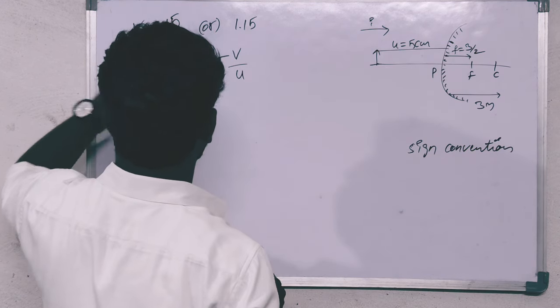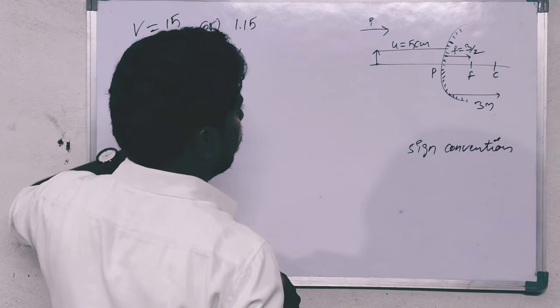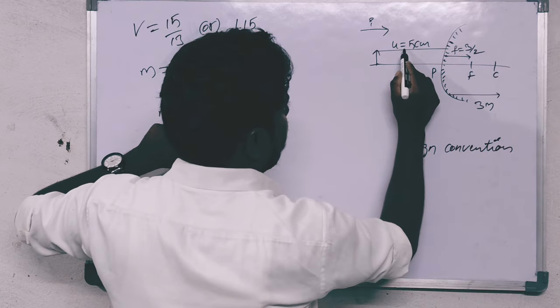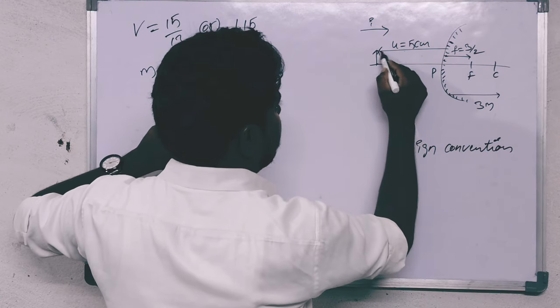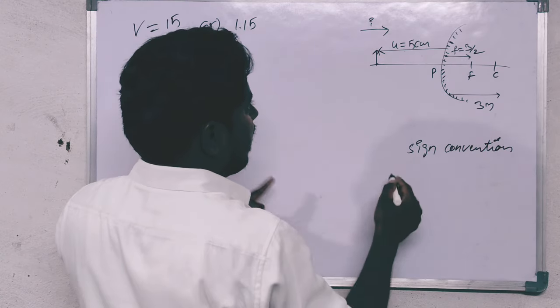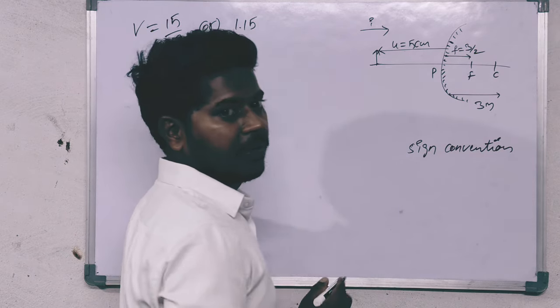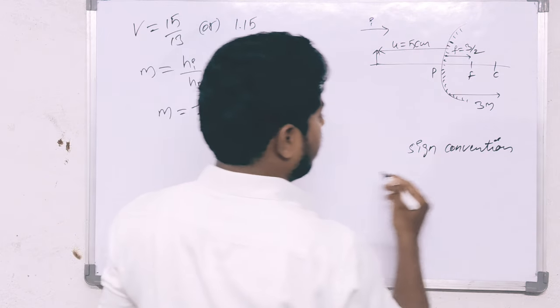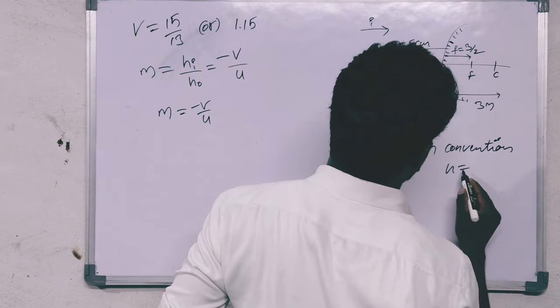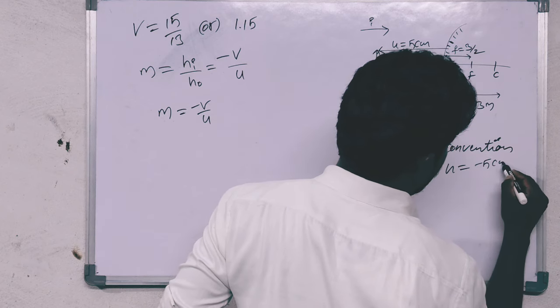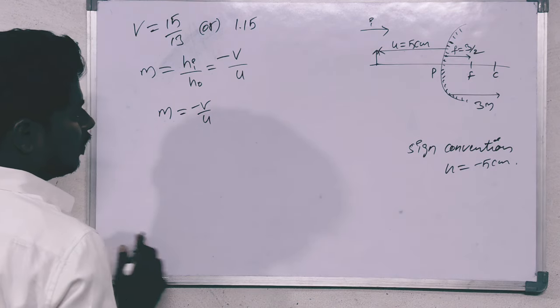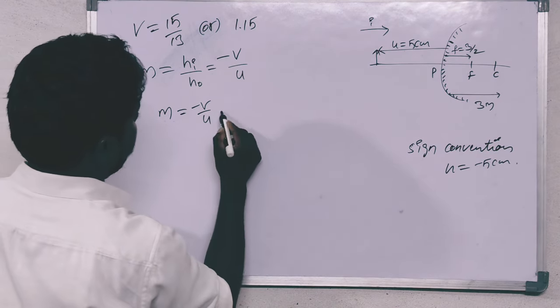So take U: the direction of the object distance is towards left, the direction of the incident ray is towards right, both are in opposite directions, so you consider it negative, minus 5 centimeters. Now substitute the values.